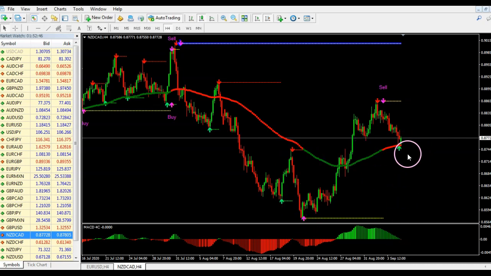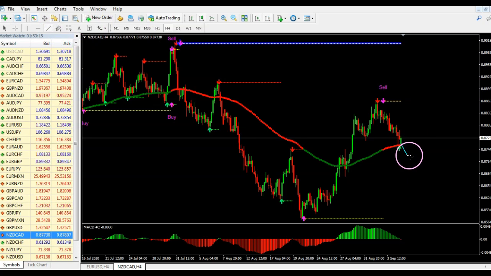Although it is a support, the price can still go a little bit farther down, or you can just react right there. Remember that support lines are not actually lines, they are areas. So you can go a little bit low, or you can go from there.